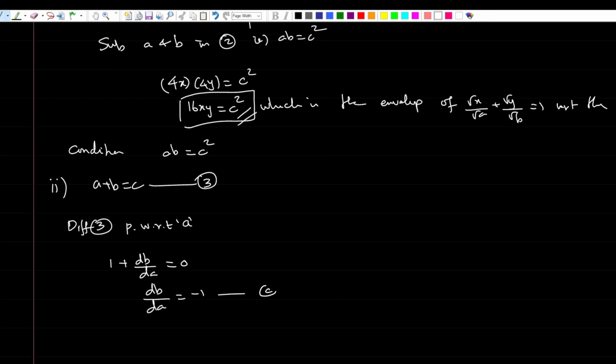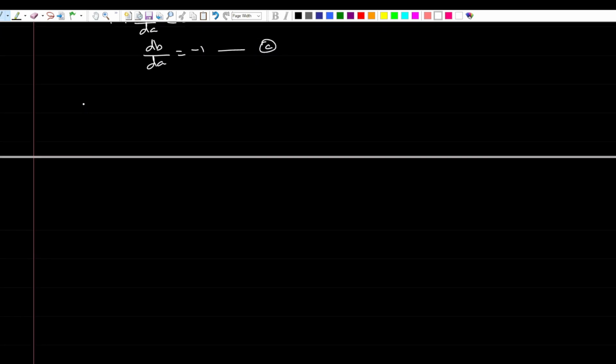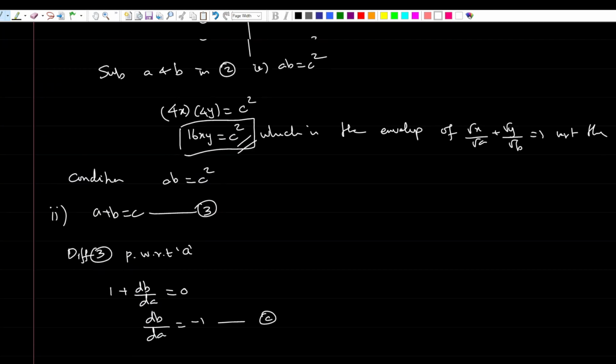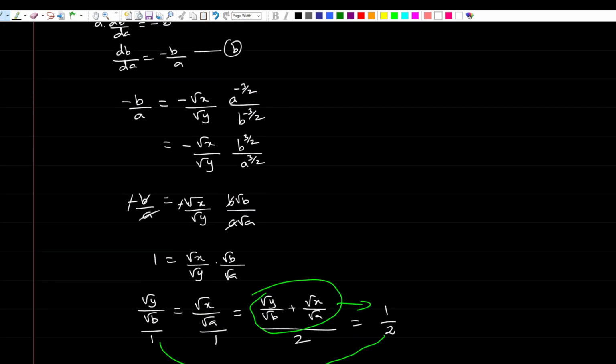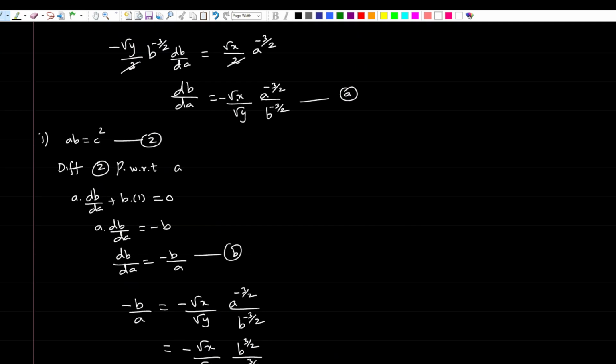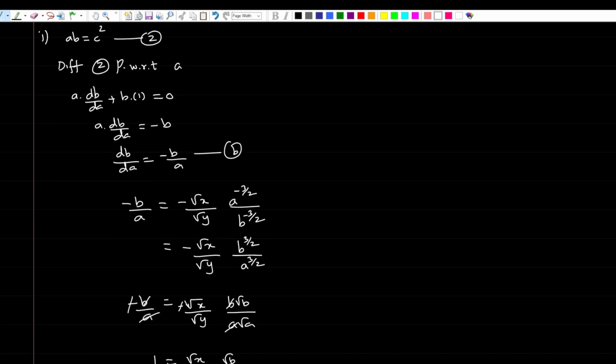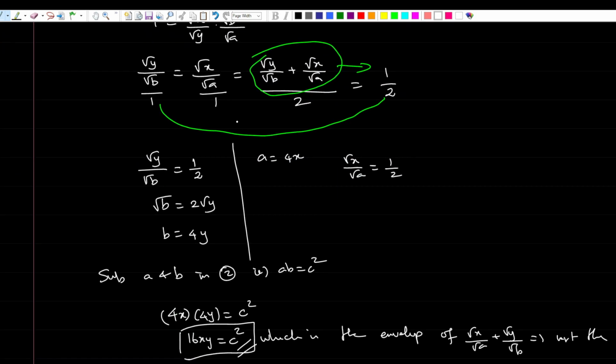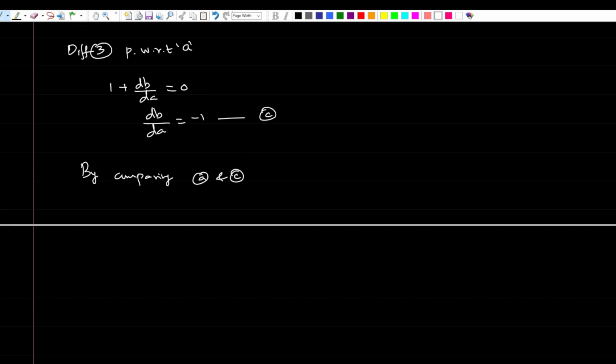So let me consider this as equation C by comparing A and C. What is A? A is equal to dB by dA equal to minus root x by root y, a power minus 3 by 2 by b power minus 3 by 2.